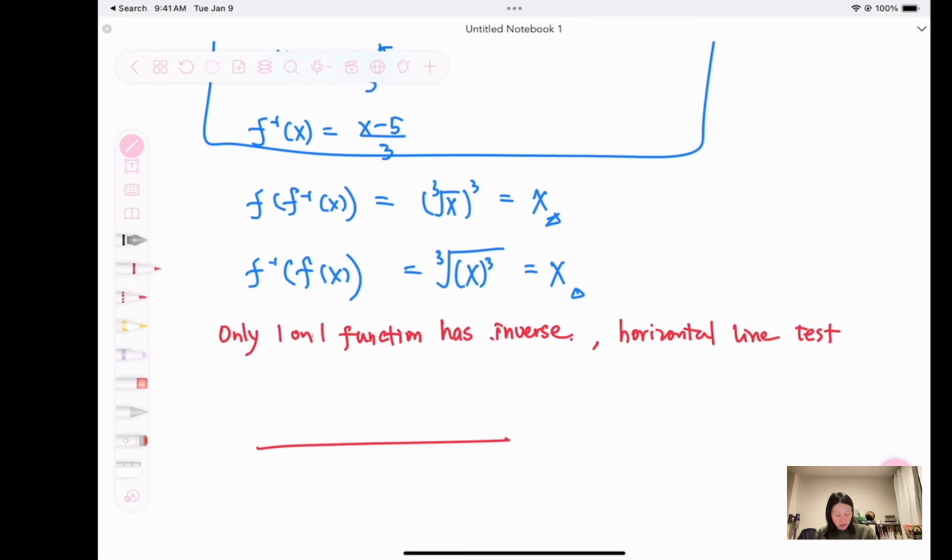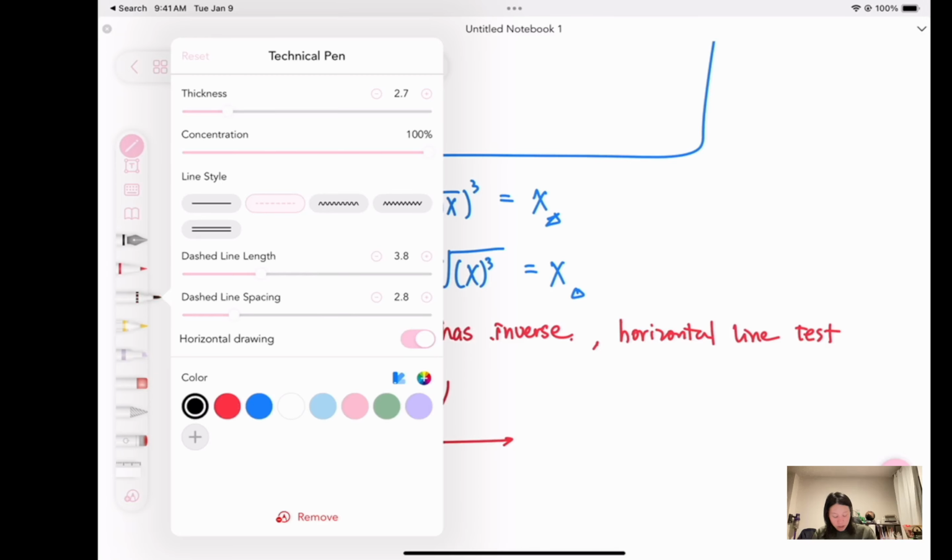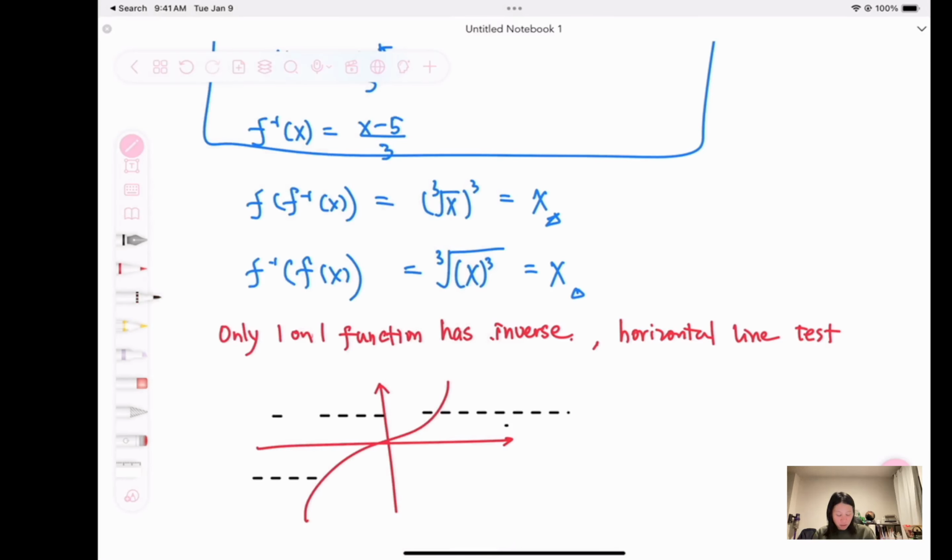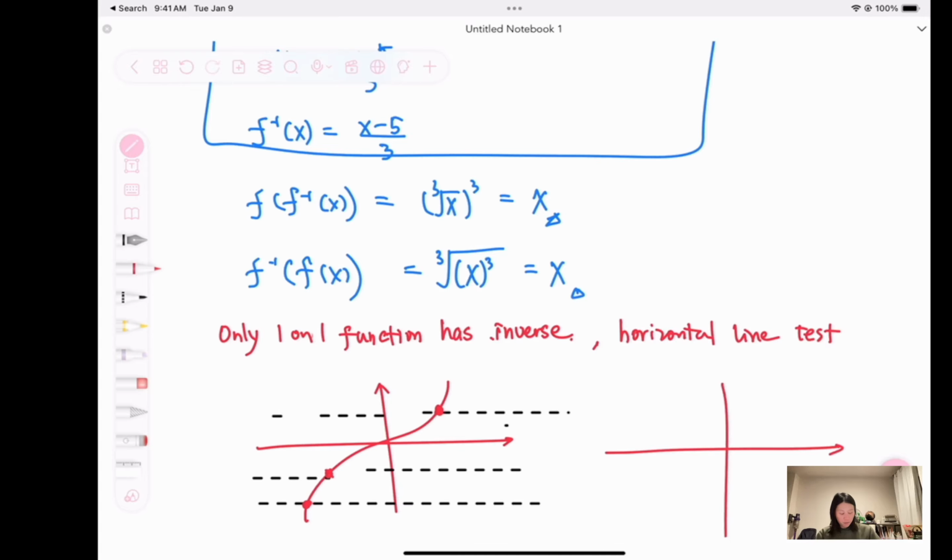The horizontal line test: if you have a graph and you draw any random horizontal line, and this horizontal line only passes through the graph at one point, always one point, that means this is a one-to-one function. But if you have a function such as a parabola, and you apply the horizontal line test, you will notice that the horizontal line will intersect the quadratic function at 2 points. So that means this is not a one-to-one function.